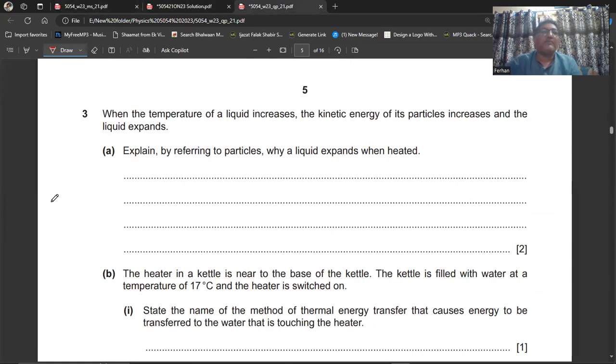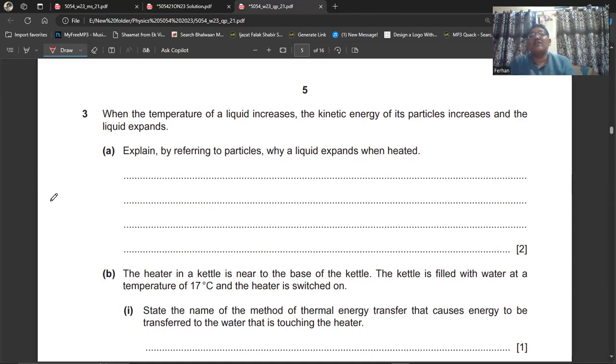Question number 3. When the temperature of a liquid increases, the kinetic energy of its particles increases and the liquid expands. Explain by referring to the particles why a liquid expands when heated. When you provide heat to a liquid, its temperature increases. That means the kinetic energy has increased, so the particles have started moving faster.